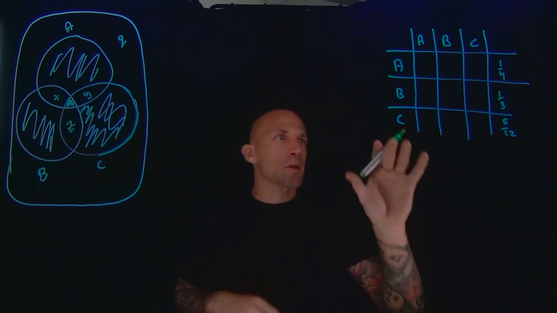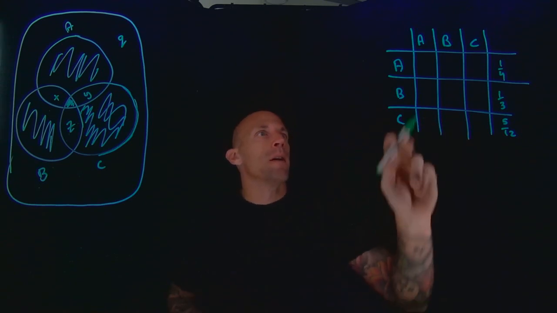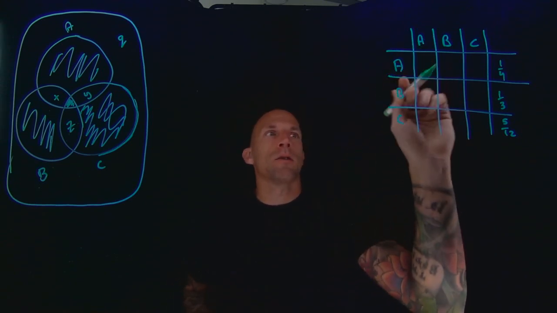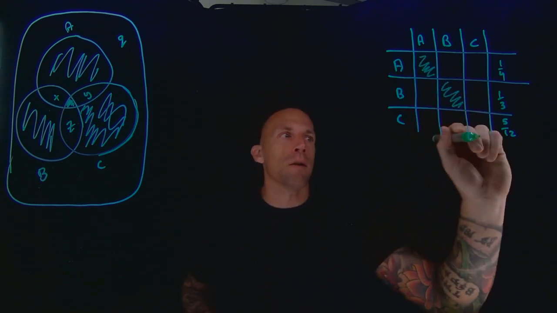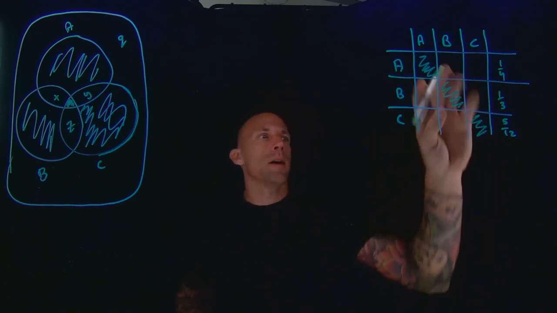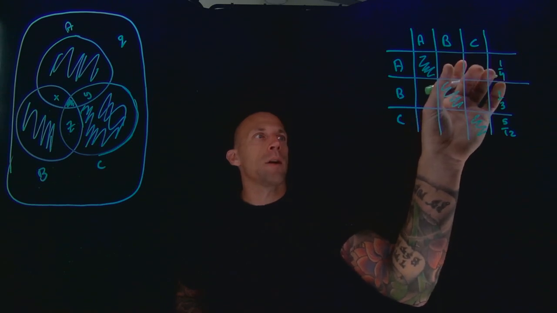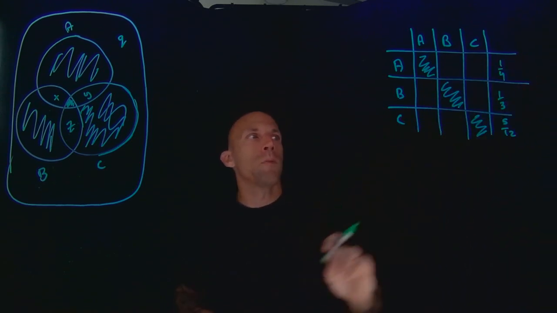Okay, now let's look over here at this chart. So first we're going to blot out A intersect A, or A alone, 0, same with B alone, same with C alone. And now we can find our total.